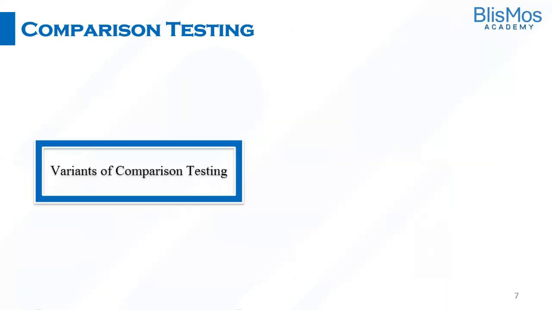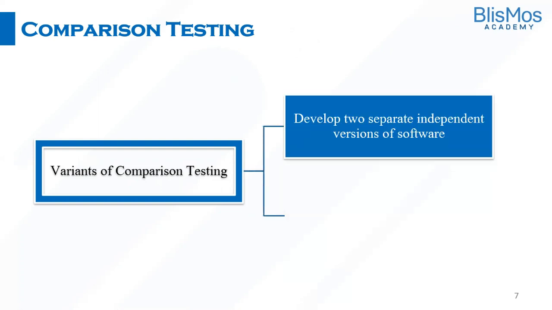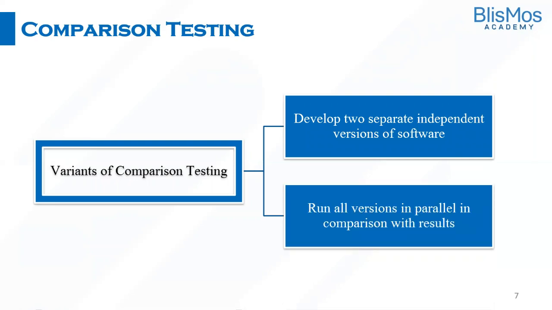Just to know the different variants of comparison testing at a high level, we will develop two separate independent versions of the software and test them in different environments. We will run all the versions in parallel and compare the results. Here we'll run the tests in isolation. Here we'll run the tests concurrently.